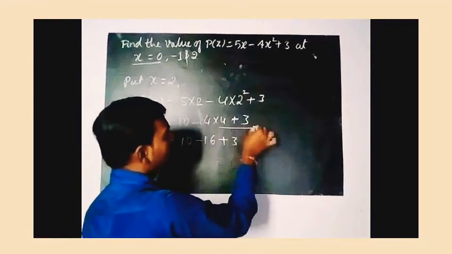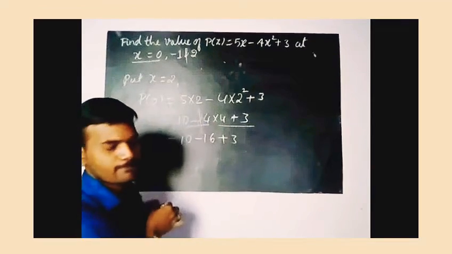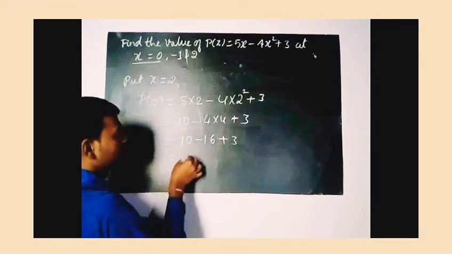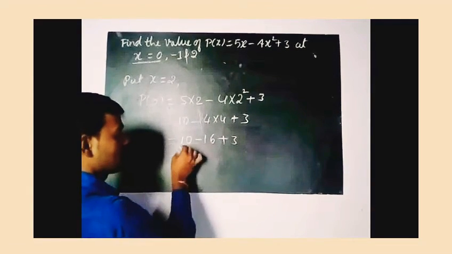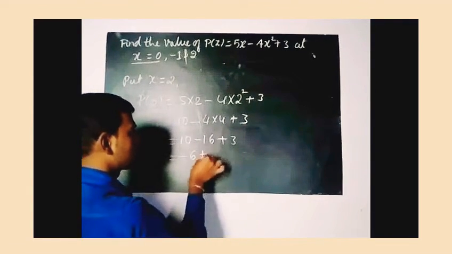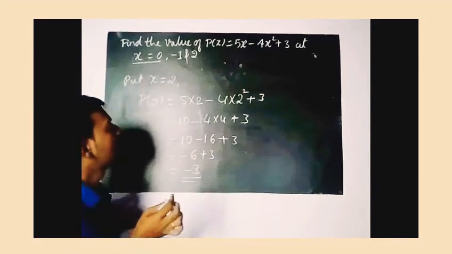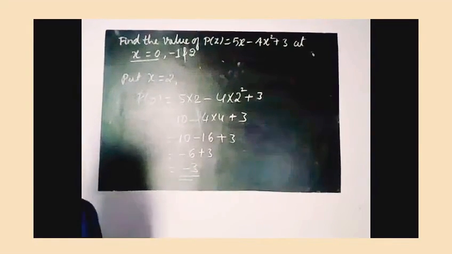We should not add these or subtract these directly, we apply the sign rule. 10 minus 16 is -6 plus 3, and it becomes -3. So -3 is the value of the polynomial at x is equal to 2.